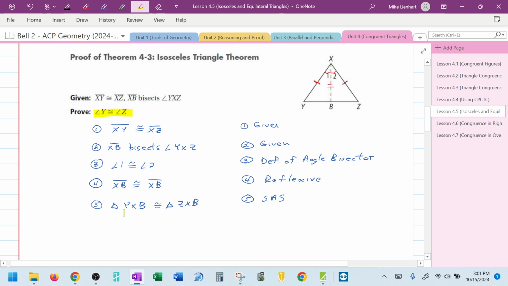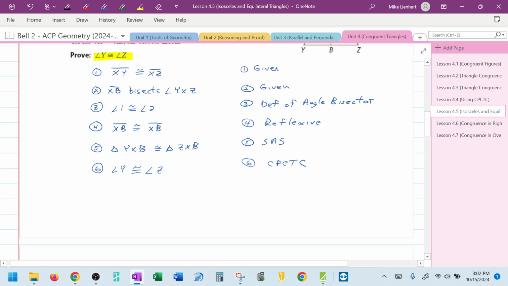But I know I can pull that out from my congruent statement of triangles by using the technique called CPCTC. This now allows me to state always that if an isosceles triangle exists, then the base angles of the isosceles triangle must be congruent.